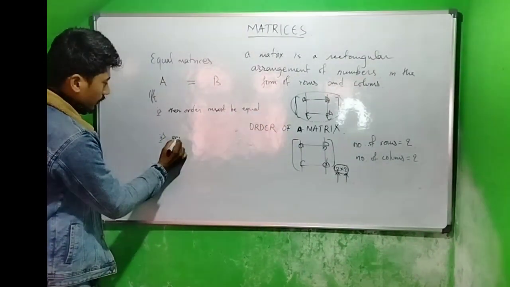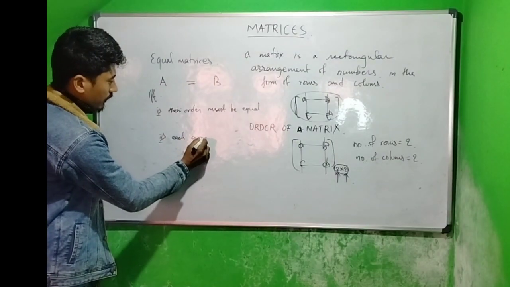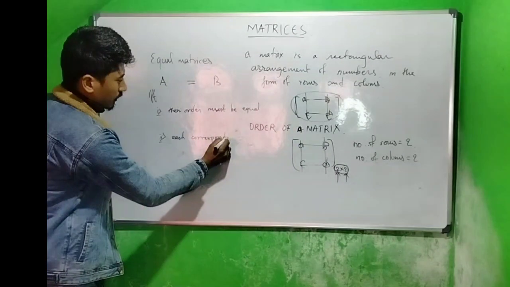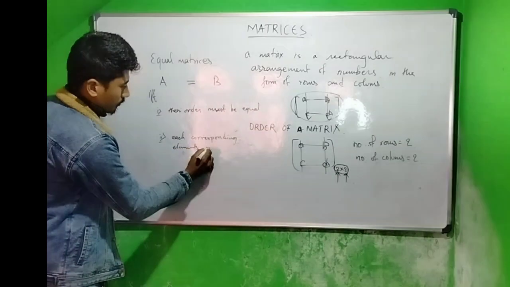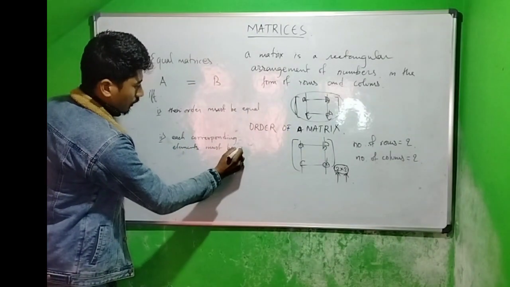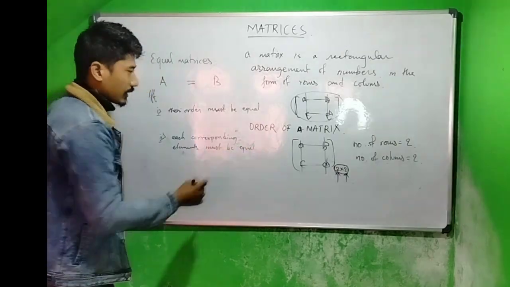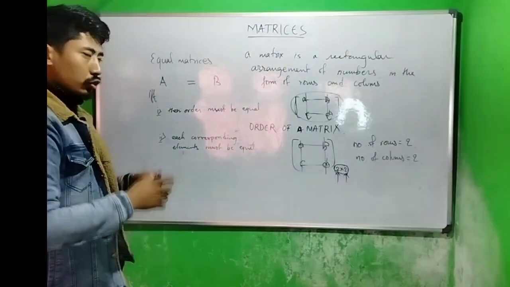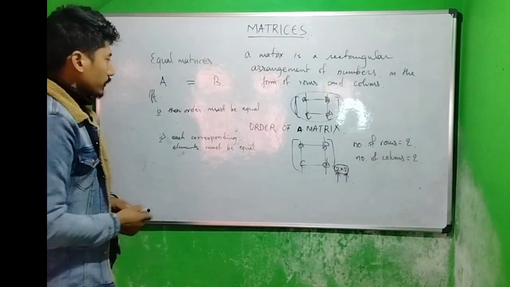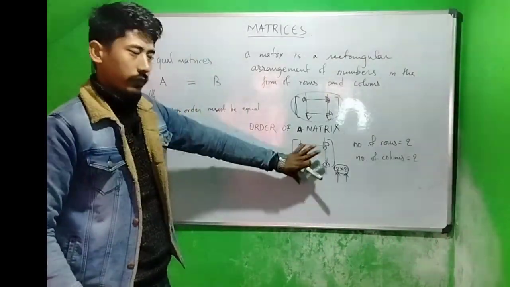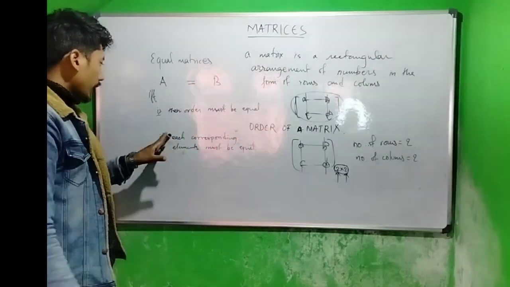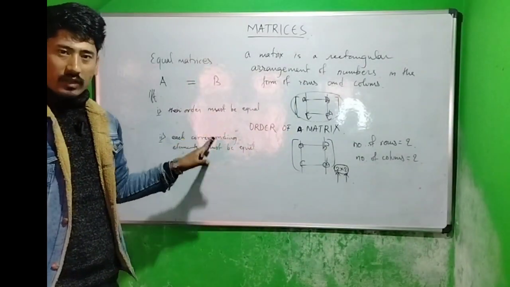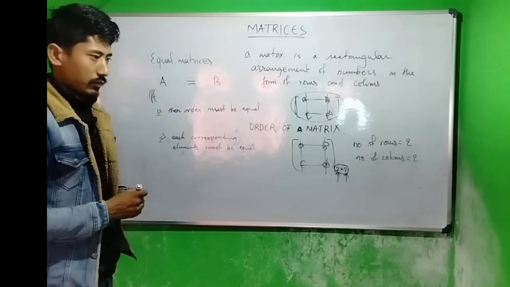Number 2 is each corresponding element must be equal. That means there are 2 conditions for 2 matrices to be equal. First one is their orders, which we have already understood here. So their orders must be equal. And number 2 is corresponding elements of the 2 matrices must be equal.